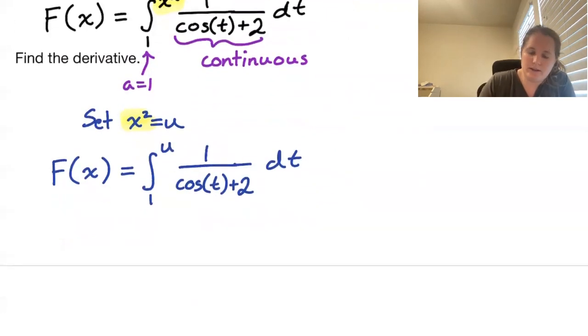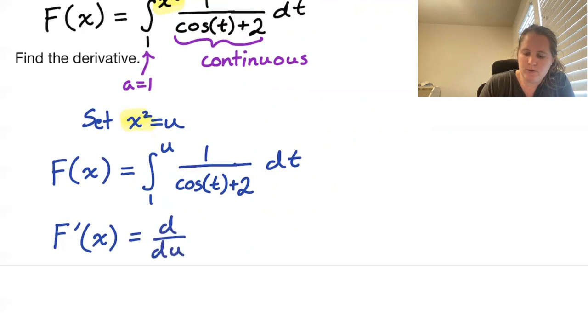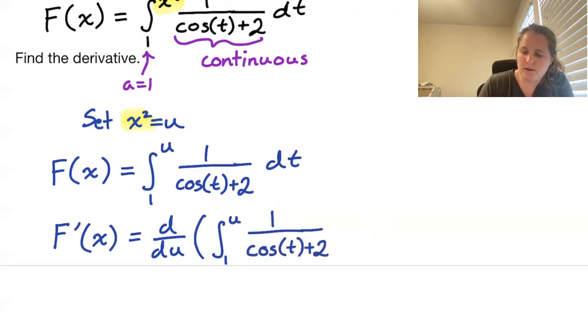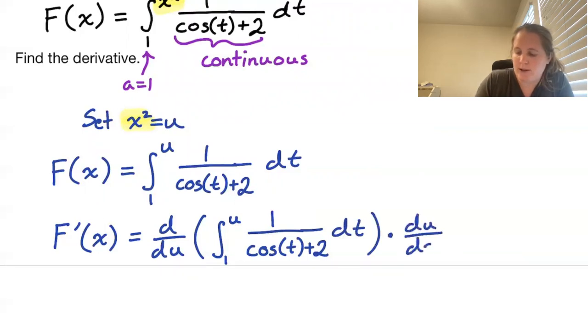So if we go ahead and take this derivative, again, we have our chain rule. So capital F prime of x is equal to the derivative with respect to u of the definite integral from 1 to u of 1 over cosine of t plus 2 dt. And then we should multiply by the derivative of u with respect to x.